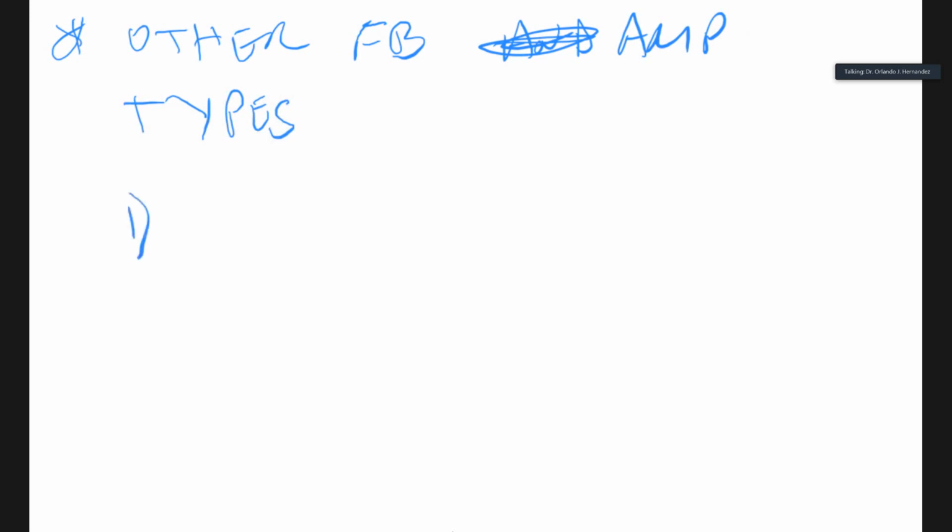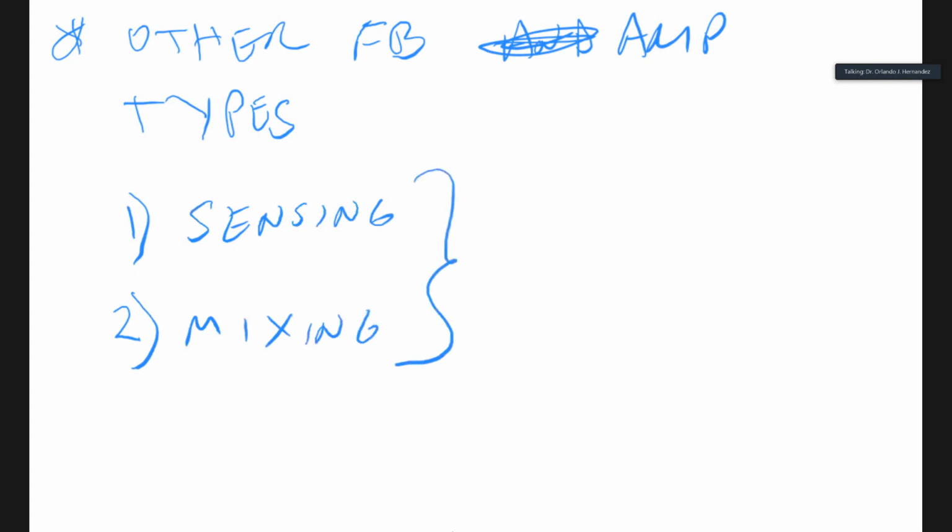And remember that you are changing 2 characteristics, okay? The sensing and the mixing. And how you do those is what gives you the topologies. So we have looked at 1, there are other 3 topologies.